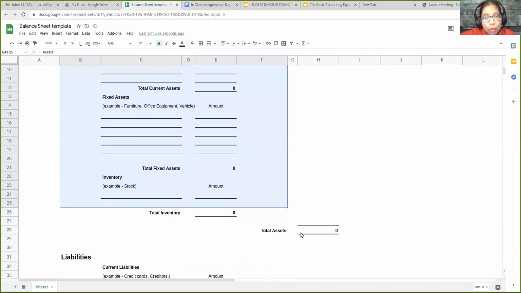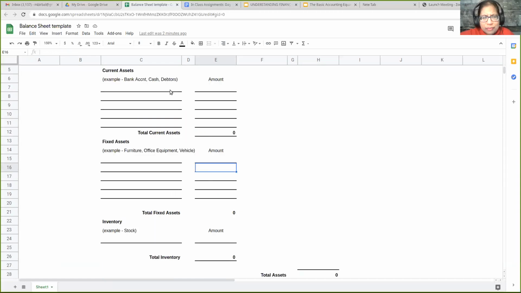When you add up all of those, you will get the figure for the total assets. Now it's supposed to automatically come up once you entered all the relevant information, depending on the question given to you. So you don't have to fill out all the lines, just what is given to you in the question, and we will go through an example in a short while.